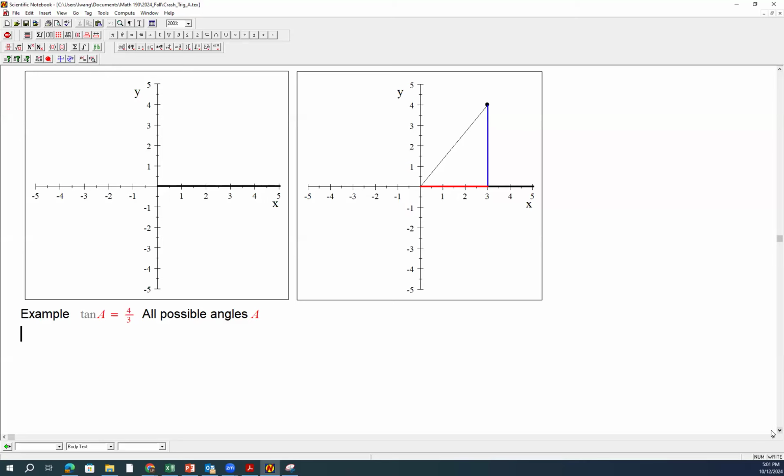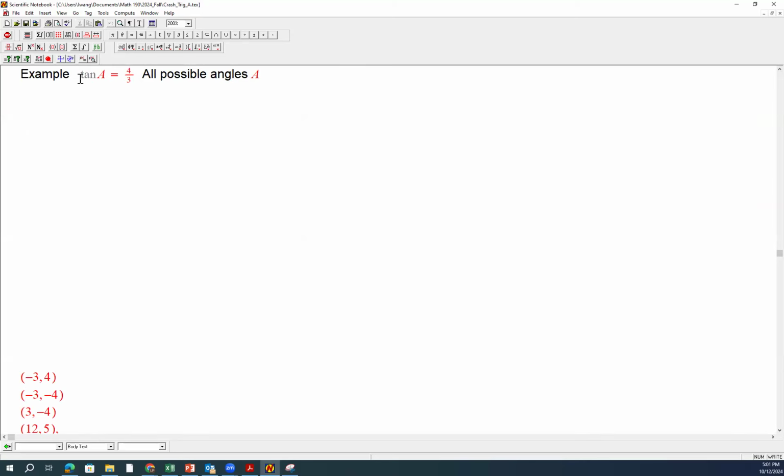Well, by definition, tangent is y over x. This expression tells us x is 3, y is 4.